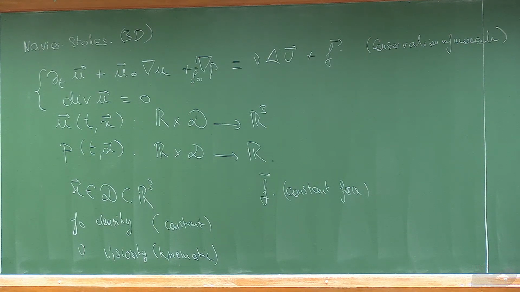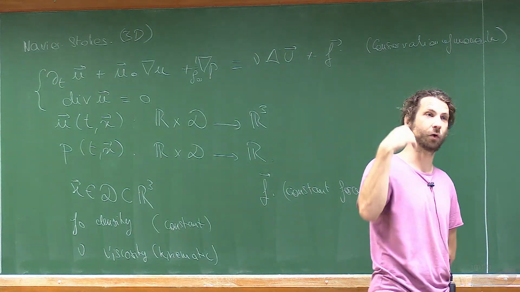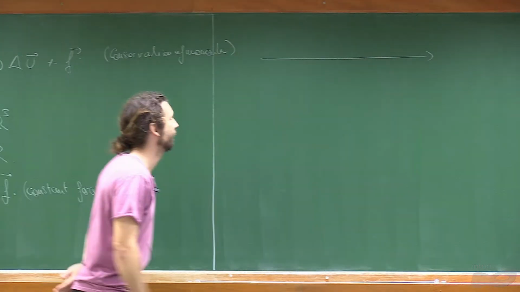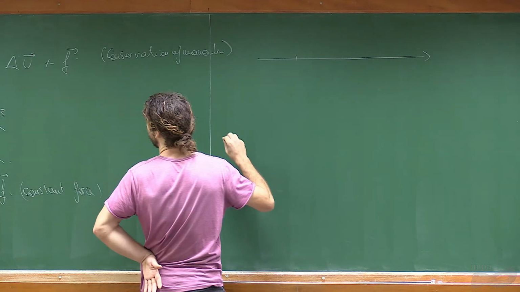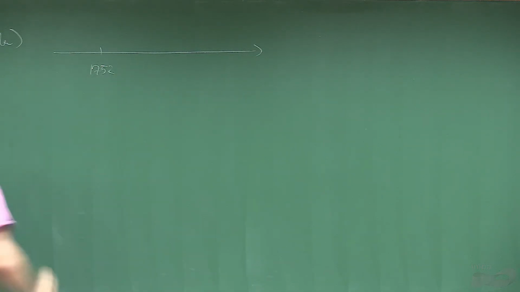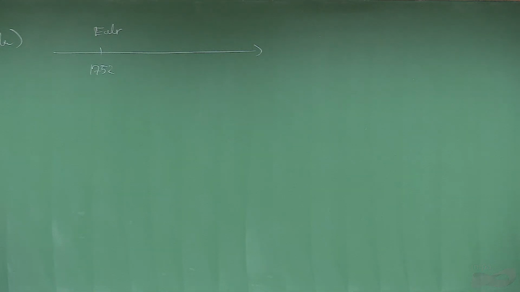Just for a moment of history, those equations are quite old, and so on an arrow of time, the first trace of it is in 1762, and they were first written by Euler, but in a very simplified situation when nu equals 0.